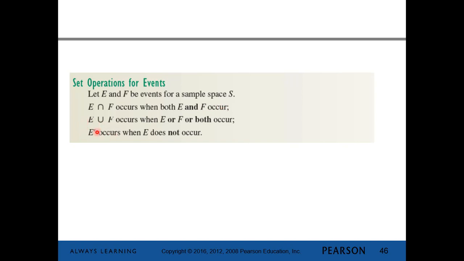And then E prime occurs when E does not occur. So it's everything that is not in E, right? So the complement of E is when E does not occur. If anything else but E occurs, well, not E has occurred.